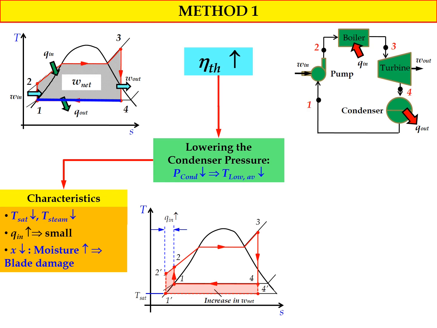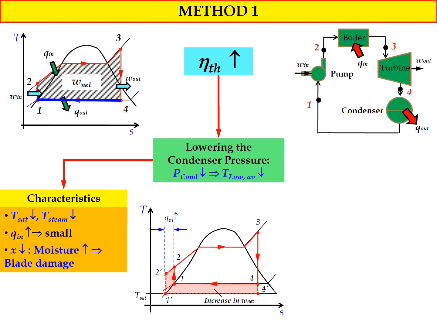Okay, the next characteristic for this method is that the quality of steam will reduce, referring to state number 4 and state number 4 prime. After we reduce the condenser pressure, the quality X of steam at state 4 prime will decrease, and this will cause an increase of moisture content.